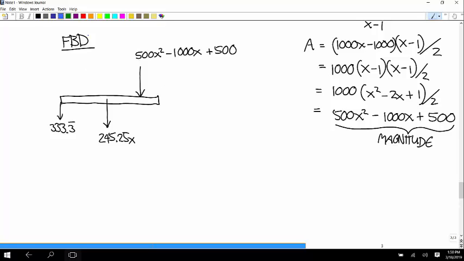So we know that this distance is 1/3 of the quantity x minus 1. And then we have the internal loads.